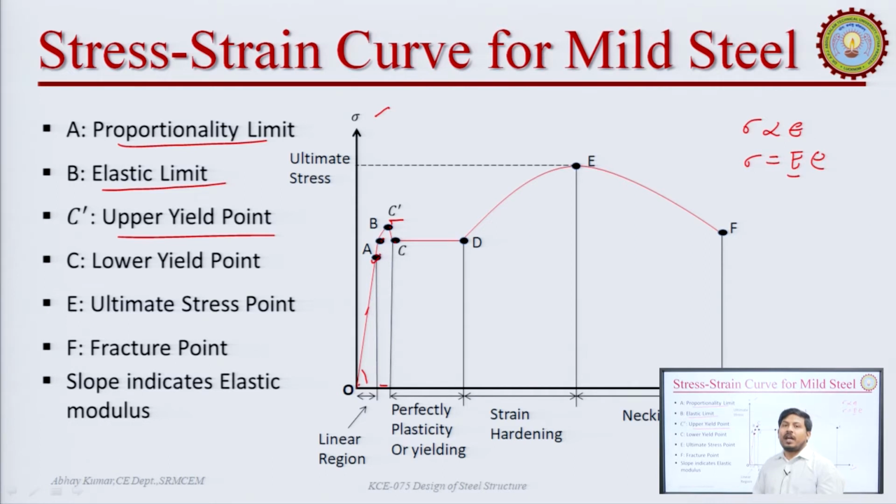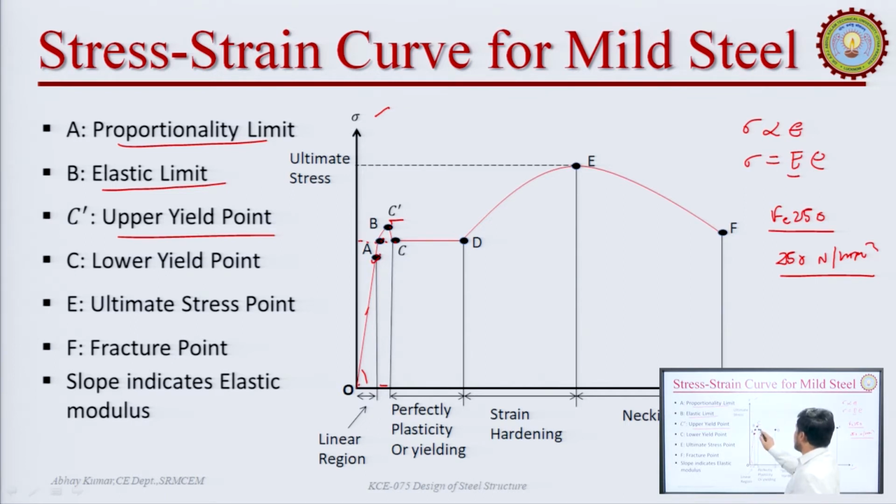For example, Fe 250 is a grade of steel which indicates the yield strength of the material, that is 250 Newton per mm square. So, where does this 250 lie? This 250 indicates the value at the lower yield point.